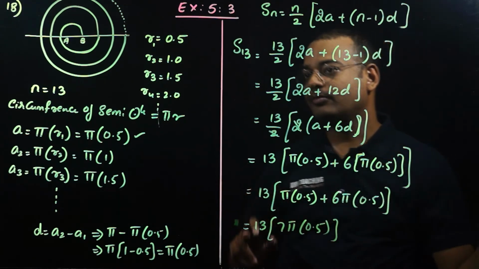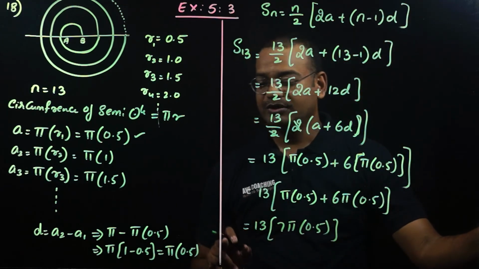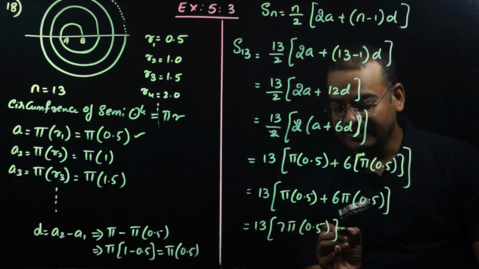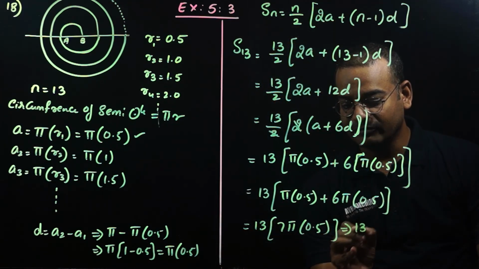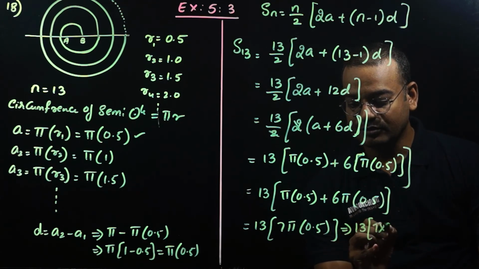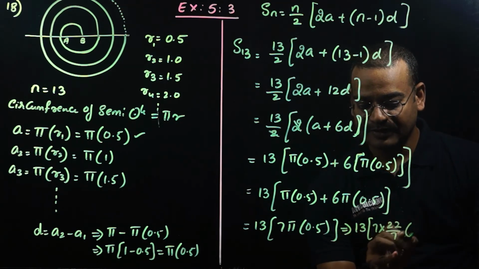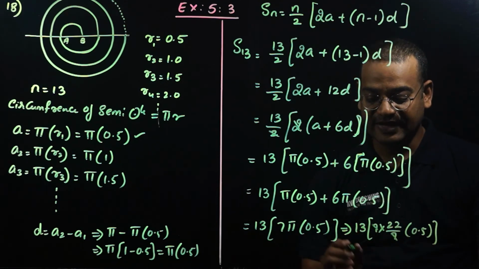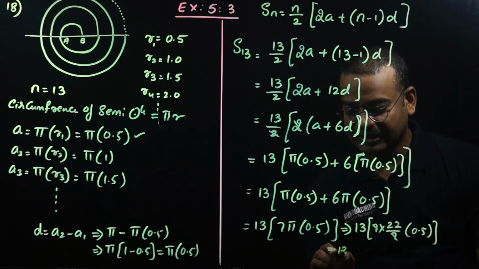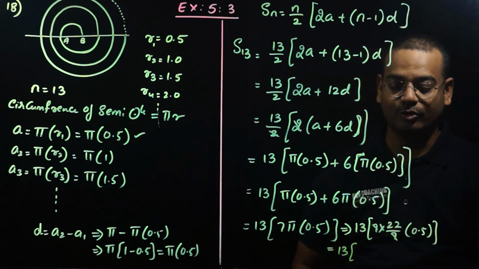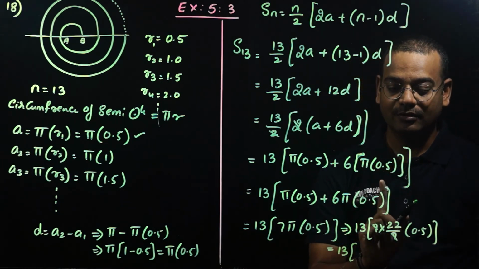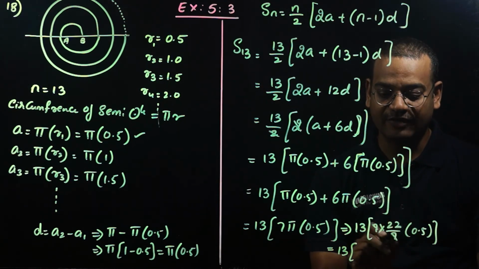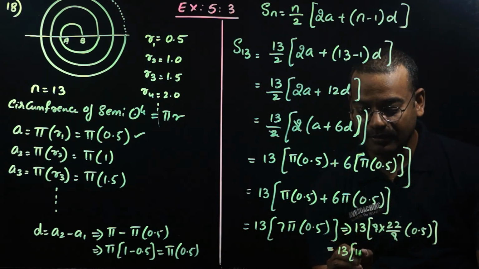Now here in the problem he already told us to take the pi value as 22 by 7. If we take pi equal to 22 by 7, this will be 13 into 7 into 22 by 7 into 0.5. This 7 gets cancelled. This will be equal to 13 into 22 into 0.5. 0.5 is nothing but half. 22 into half will be 11.